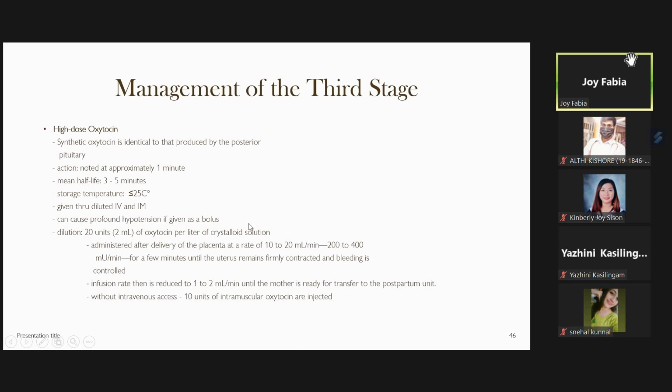So, high-dose oxytocin. Synthetic oxytocin is actually identical to that produced by the posterior pituitary. And then, the action is approximately 1 minute and its half-life is 3 to 5 minutes. The storage temperature of this oxytocin should be less than 25 degrees Celsius. So, nawawala ng effect kapag masyadong, kung nasa room temp natin, nasa loob lang siya ng labor room.